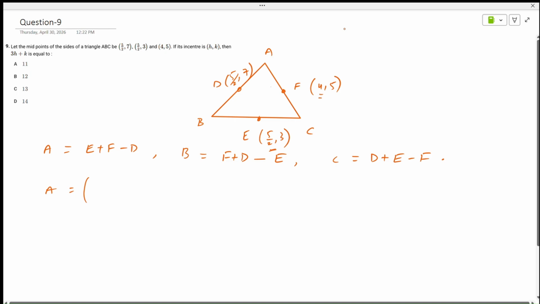So 5 by 2 plus 4 minus 5 by 2 will give you 4, comma. Coming to the y coordinate, 3 plus 5, 8 minus 7 is 1. So you will get 4 comma 1.